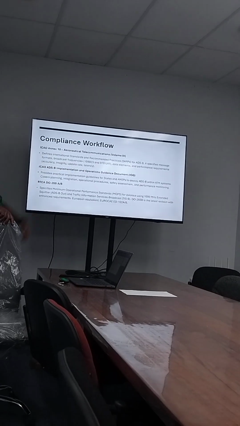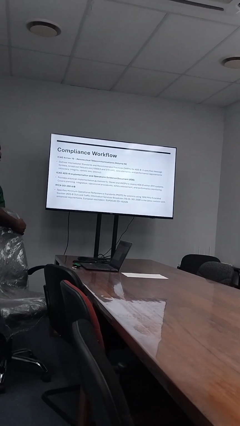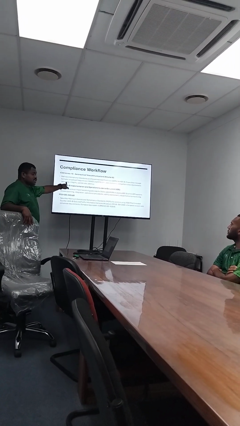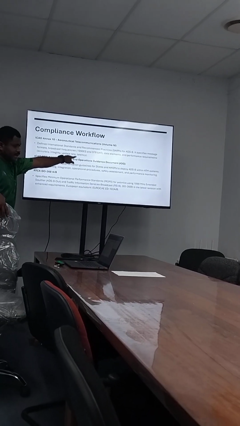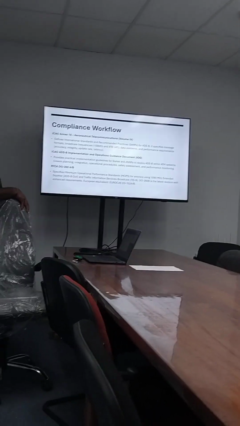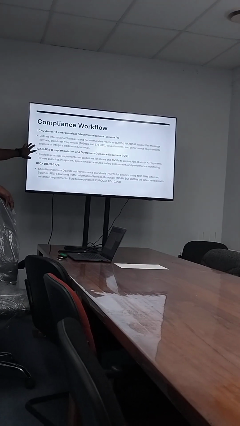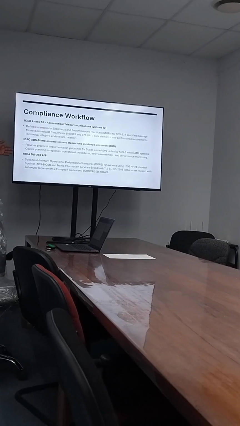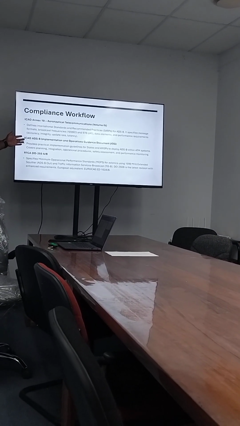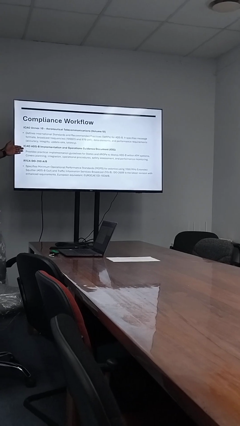Data elements and performance requirements, which is the accuracy we just went through, integrity, the refresh or update rate, and latency of message received. The second one is the ICAO ADSB implementation and operations guide. This is basically, if you were to set up an ADSB system in Fiji, we need to follow this guideline.